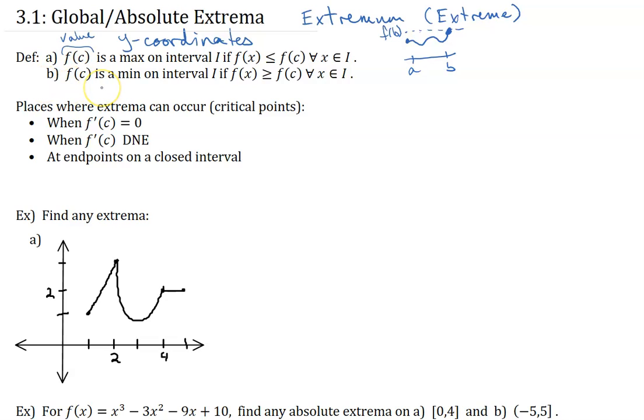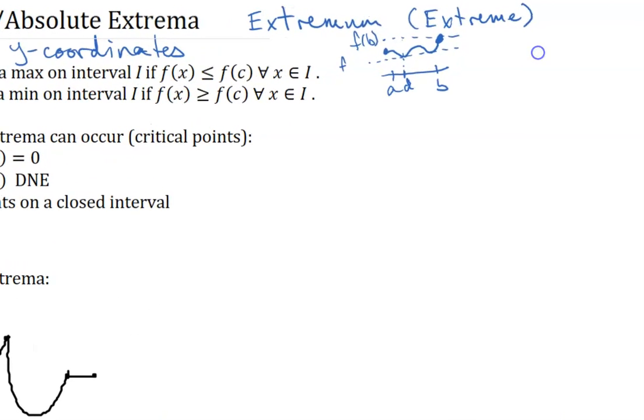And then f of c is a minimum on the interval if f of x is greater than or equal to f of c for every x in the interval. So if we have a value where everything else is higher than that, so for example, let's say, okay, we'll call that point D. Here, let me make this a little bit bigger.